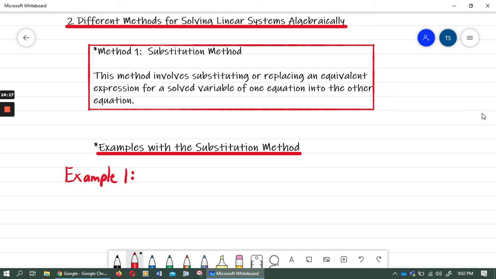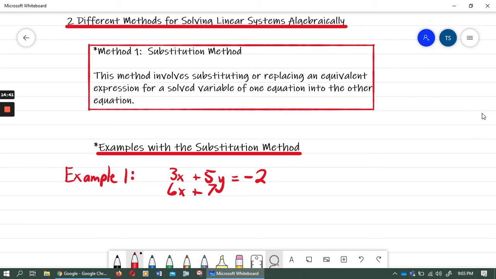All right, so let's say that we got here in this example these two equations as our system. 3x plus 5y equals -2. And for the other equation, let's say we got 6x plus 7 equals x.